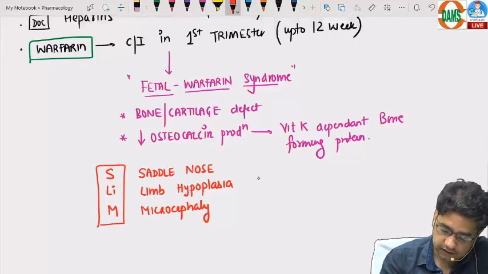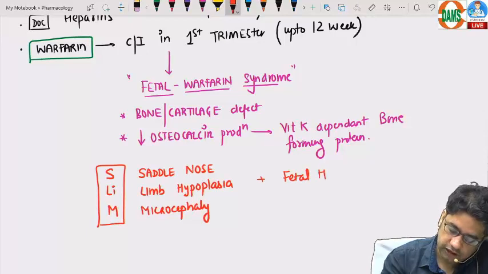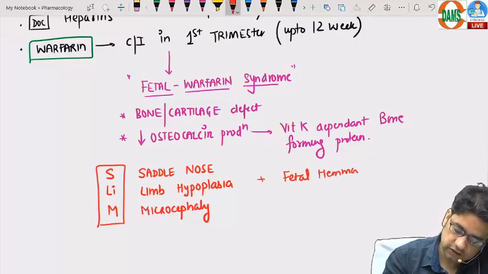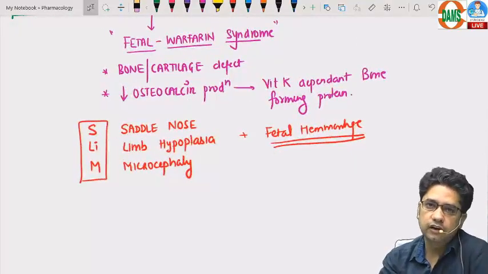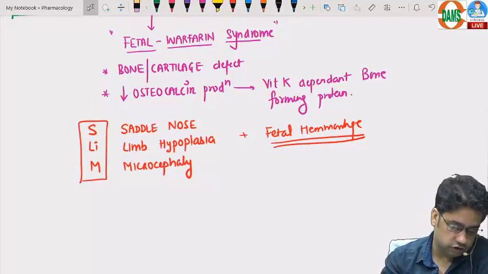Okay. Plus, as it is an anticoagulant, it also causes fetal hemorrhage. Why fetal hemorrhage? Because it is an anticoagulant drug.